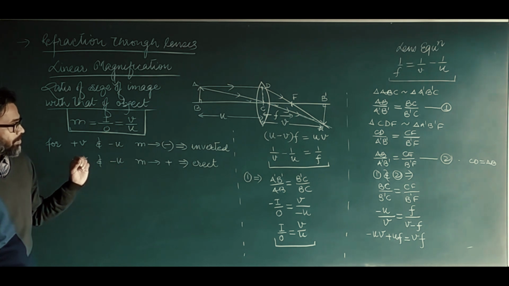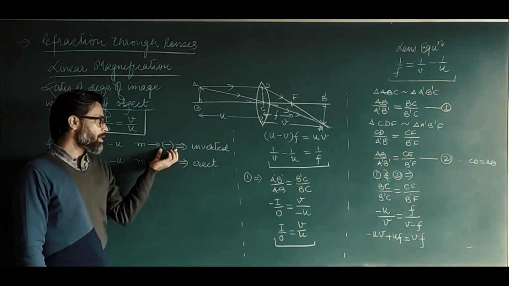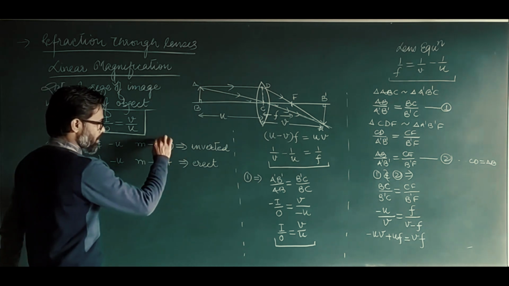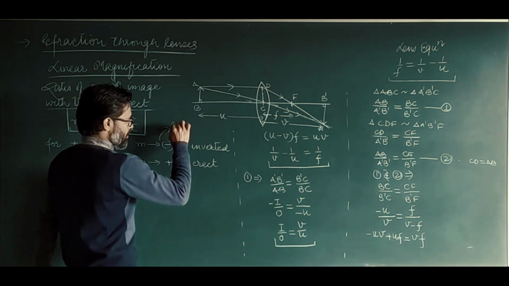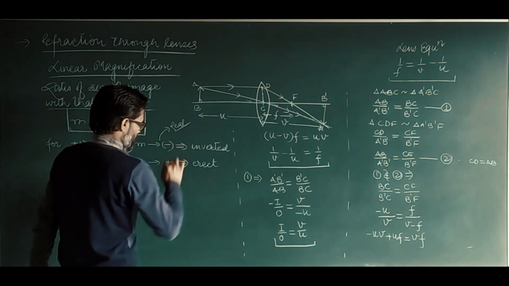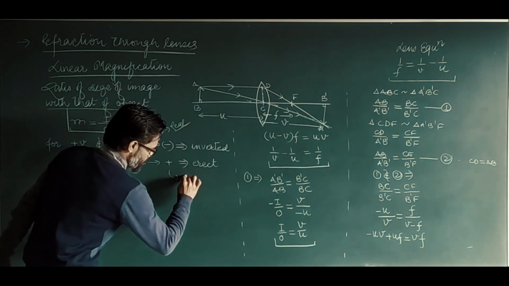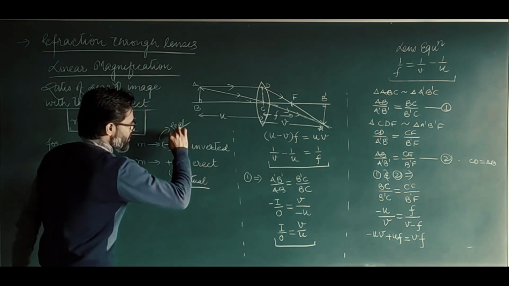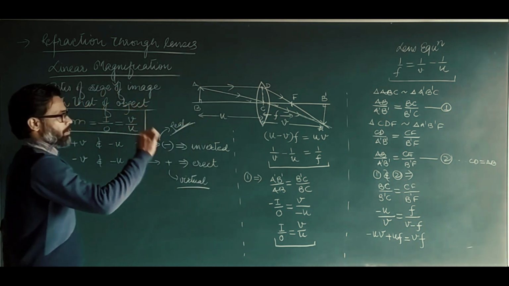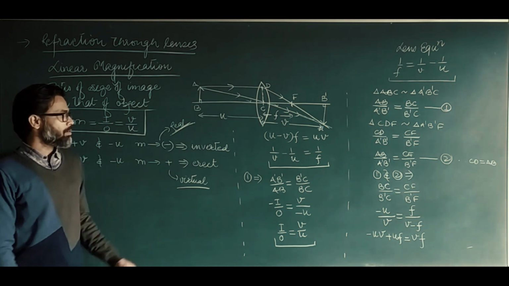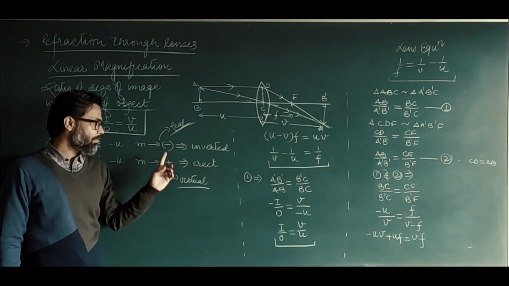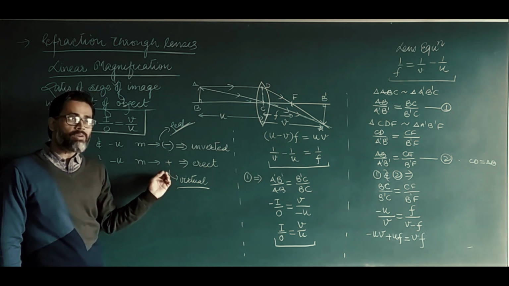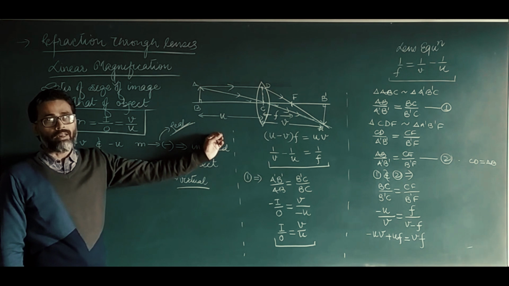You can also learn it as: corresponding to negative magnification, the image is real, and here the image is virtual. But this real-virtual rule, real for negative and virtual for positive, will hold good only in case of a single lens.